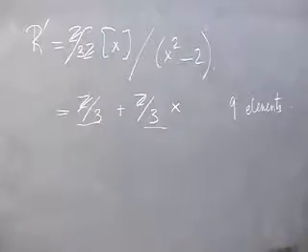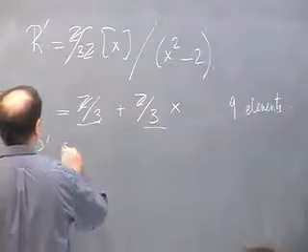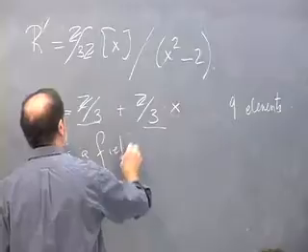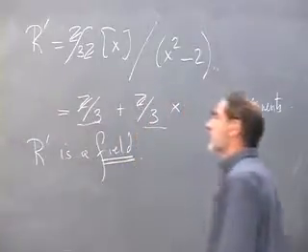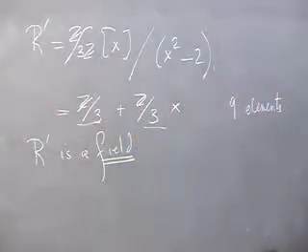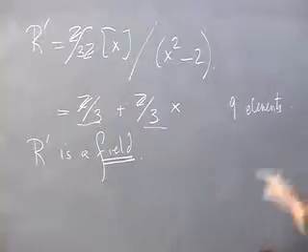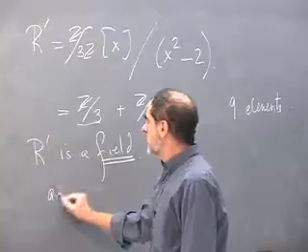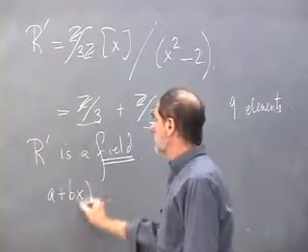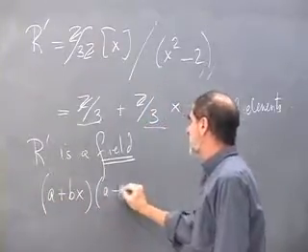Well, I claim that this ring is a field. Why is R prime a field? So I claim it's a field because of the following. Imagine that I have an arbitrary element in it, a plus bx, and multiply that by the element a minus bx.